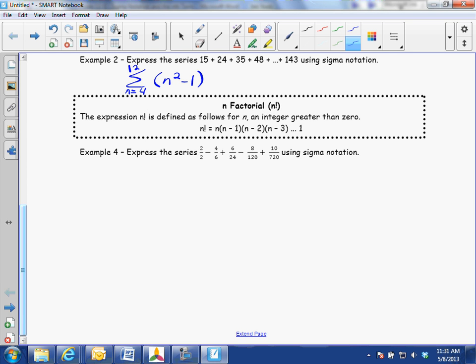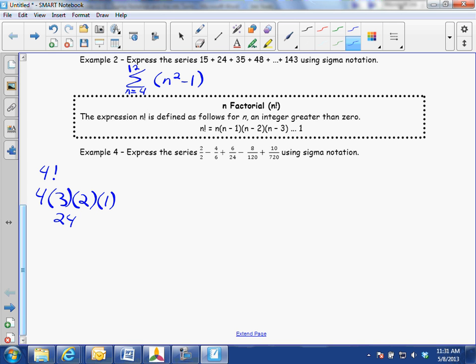So if I go with 4 factorial, that means take 4 times the next number down, times the next number down, times the next number down, all the way to 1. So 4 times 3 times 2 times 1 is 4 factorial, which would be 12 times 2 is 24 times 1 is just 24. So 4 factorial would be 24.